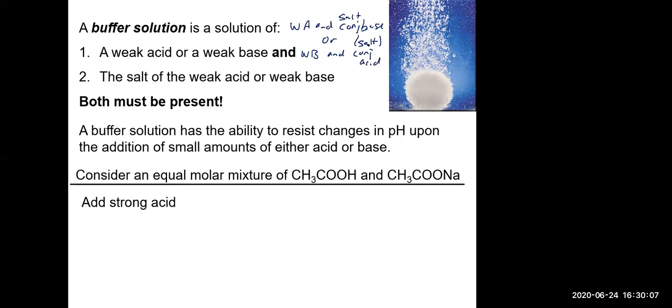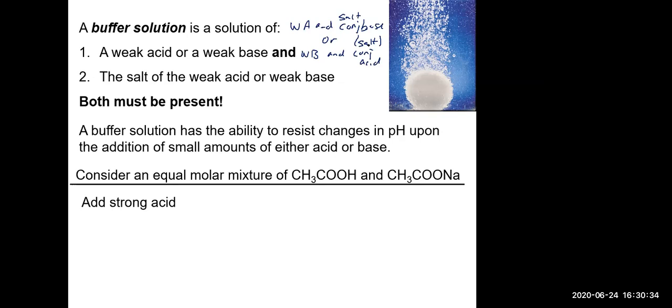A buffer just essentially means whatever pH it starts at. So let's say you had a buffer that started at a pH of 5. If you added some acid to it, as long as everything's okay in terms of concentrations, the pH of that buffer will remain pretty much at 5. Will it go down? Yes, a little bit.